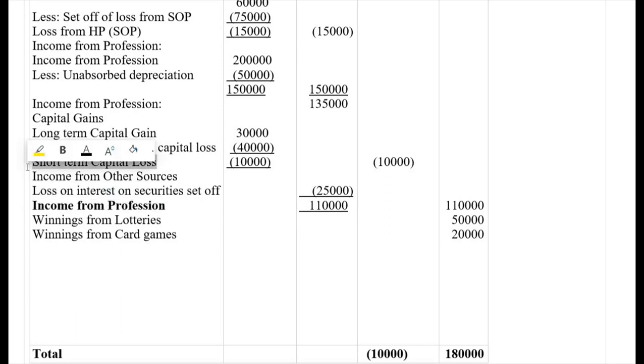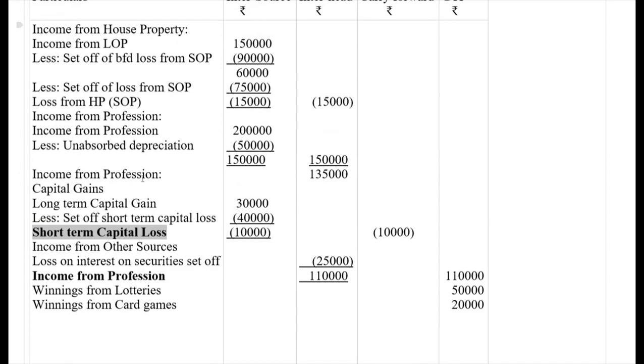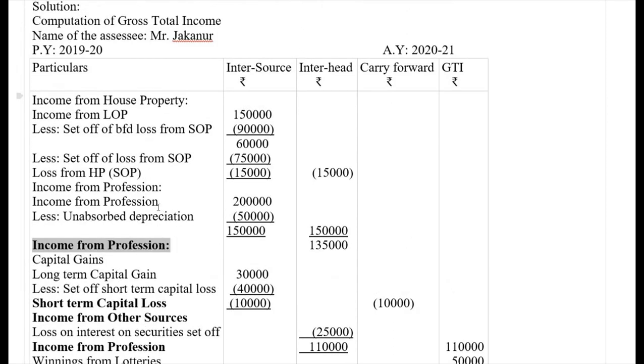This is short-term capital loss, which is to be carried forward here. Then income from other sources, heading here. This will be bold here. 1,35,000. Then this is the head: income from profession, income from house property.